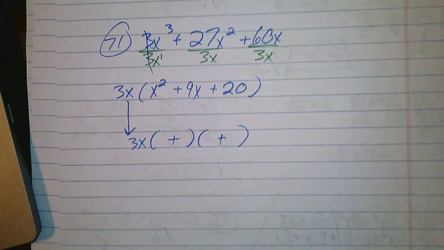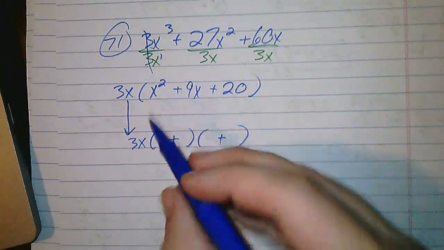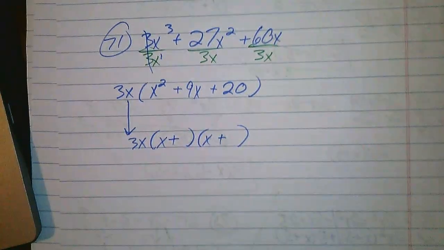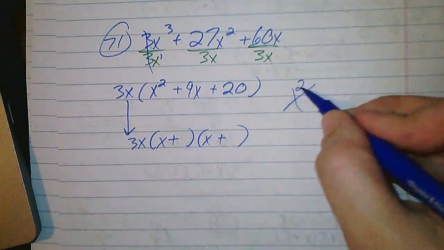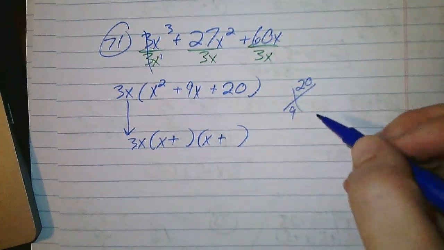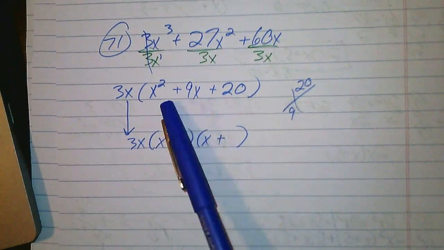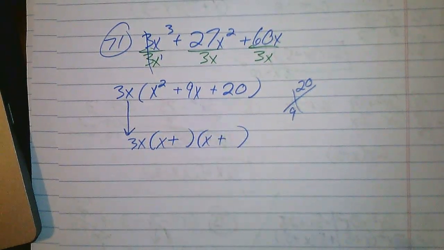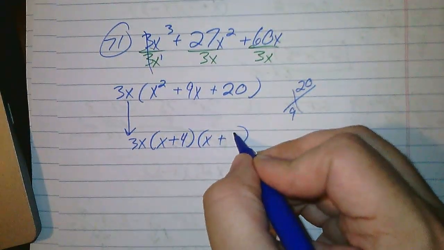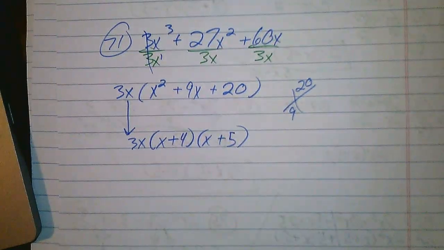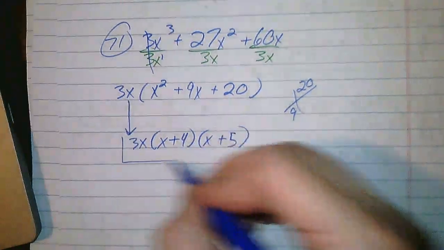So whatever you're comfortable with, but the only way to get x squared is x times x. Factors of 20 that combine into positive 9. It's real easy when it's plus plus here. That's just 4 and 5. So again, don't forget your GCF.